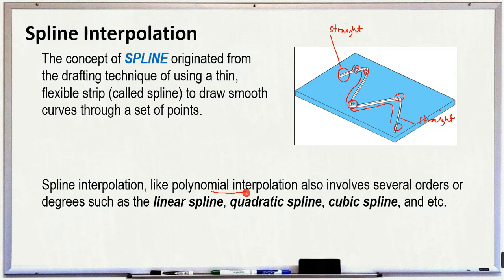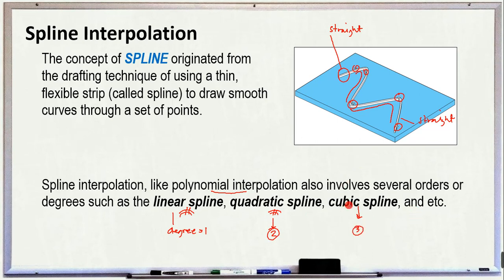We have quadratic interpolation pod, so ang degree niya kay 2. The same thing with spline interpolation. It also has linear spline, meaning ang degree kay 1. For quadratic, ang degree kay 2. For cubic, ang degree kay 3. So on and so forth.